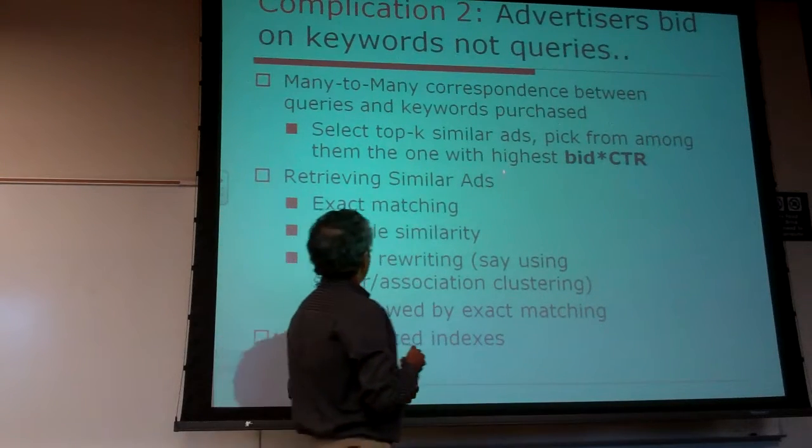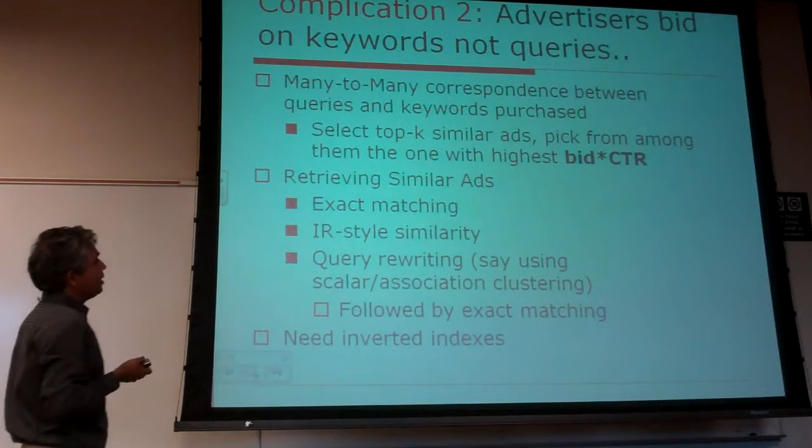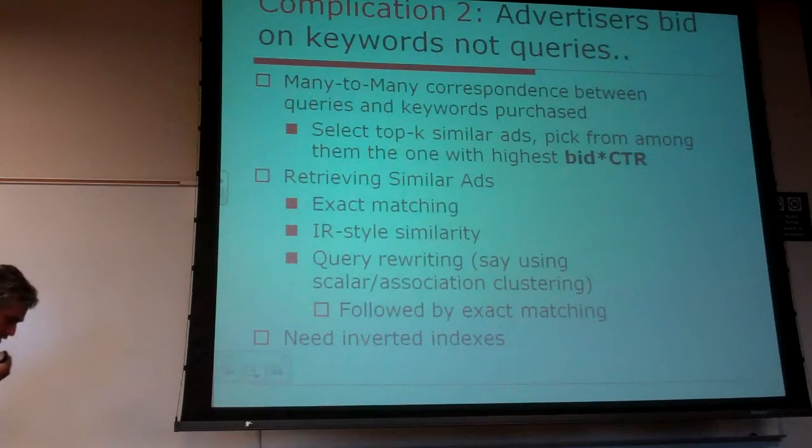And then one way you could do this is, first of all, you need to figure out, so here is what happens. I have my query or page content, or email content. And then the advertisers have said, if you have K1, K2, show my advertisement, I'm going to pay you some money, okay, 50 cents.